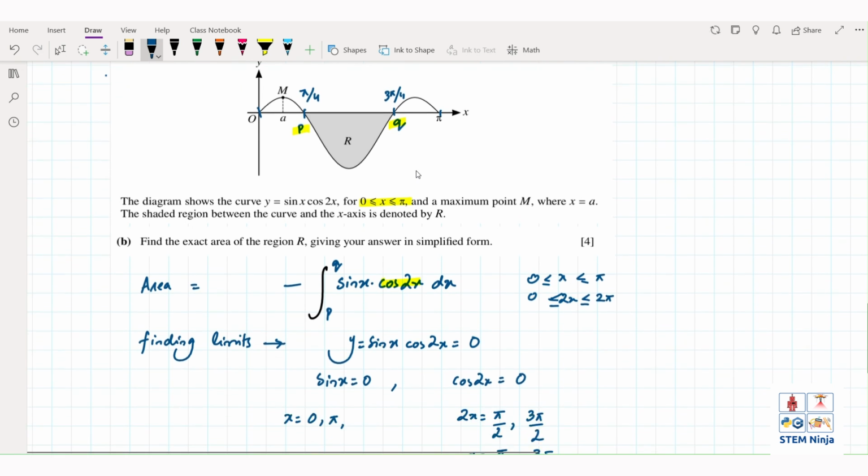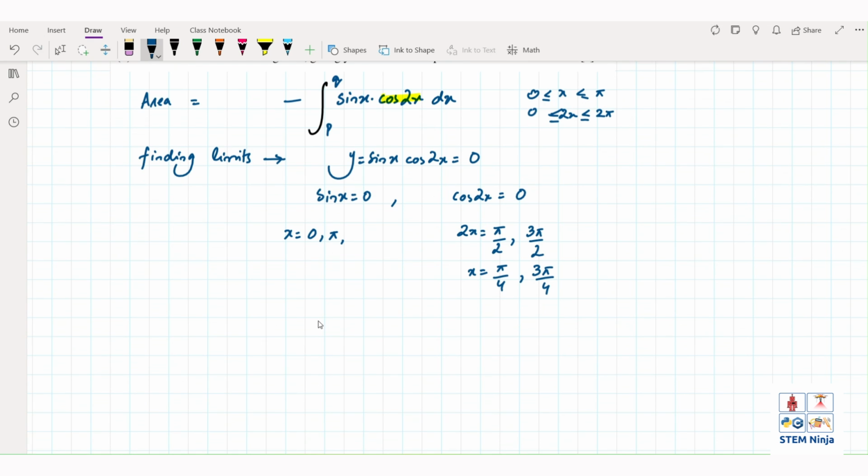Okay, now we need one more thing. These will be the p and q. This is our p, this is our q. Now we just need one more thing. Cos 2x, we can use 2 cos squared x minus 1. Simple.